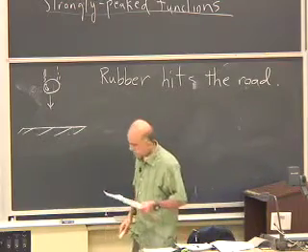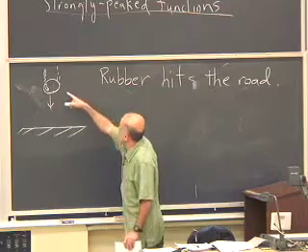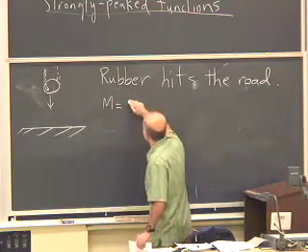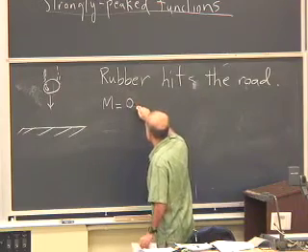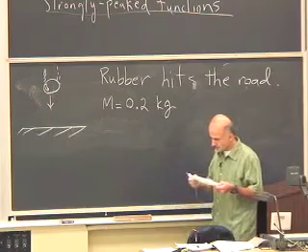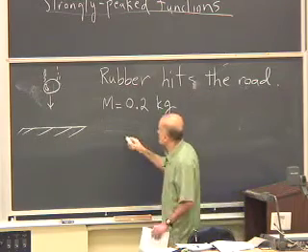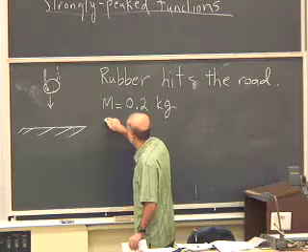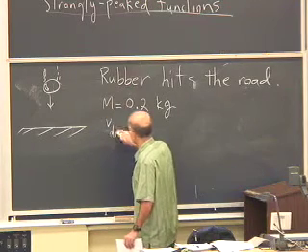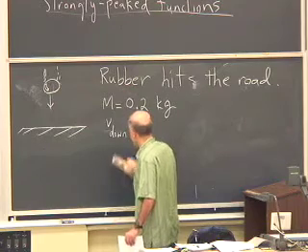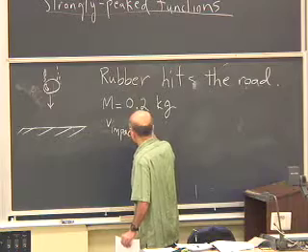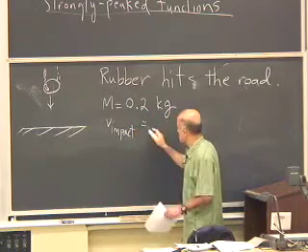And let's say the rubber ball is 200 grams, so 0.2 kilograms. And right before it hits the ground, V down, or V impact, is 8 meters per second.